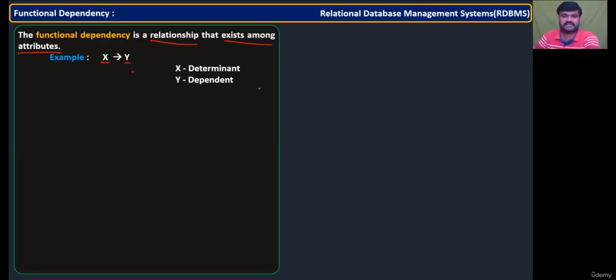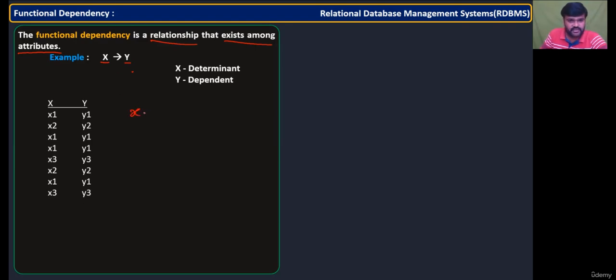For better understanding, let us take a simple example here. X is one column, that is one attribute, and Y is another attribute. If you observe, when can you write this relation X to Y, X deriving Y?